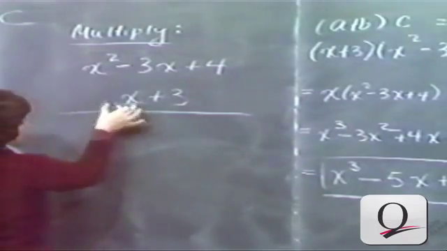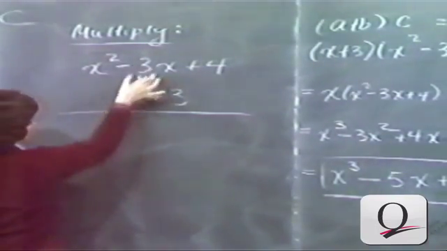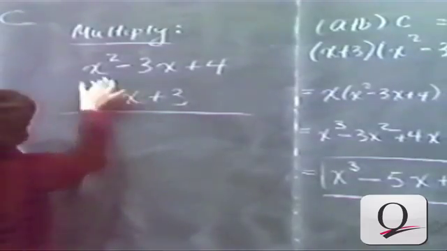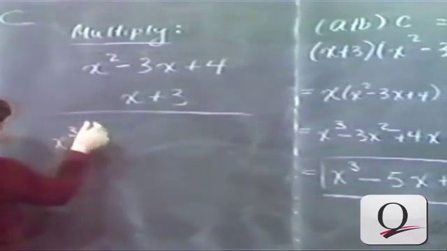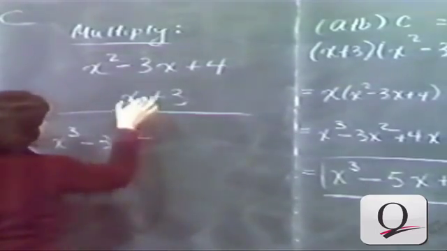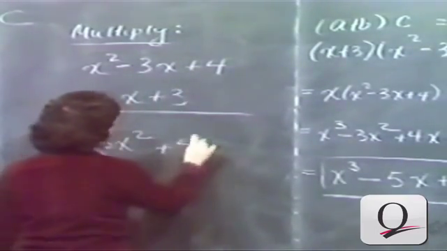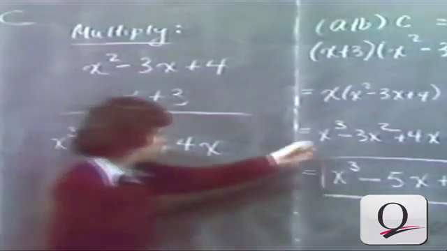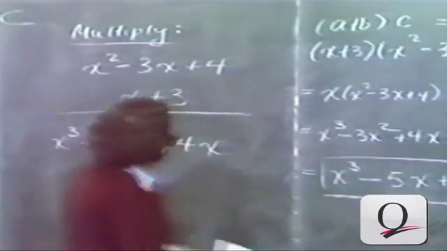We will take the x and multiply it by the x squared, then by the minus 3x, then by the 4. We're still using the distributive rule, but we're doing it in this vertical fashion. Okay, x times x squared gives you x cubed. X times minus 3x gives you minus 3x squared. X times 4 gives you 4x. The same terms we got over here, x cubed minus 3x squared plus 4x.